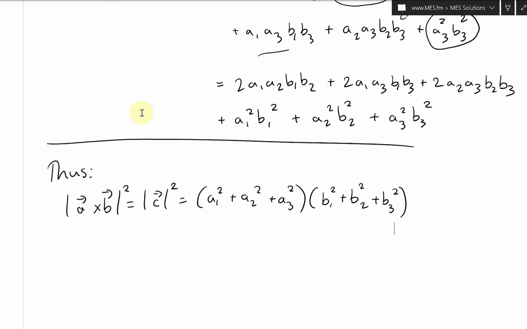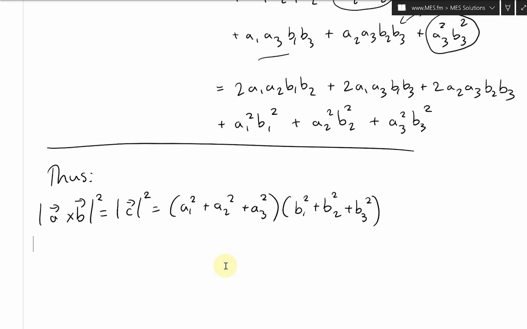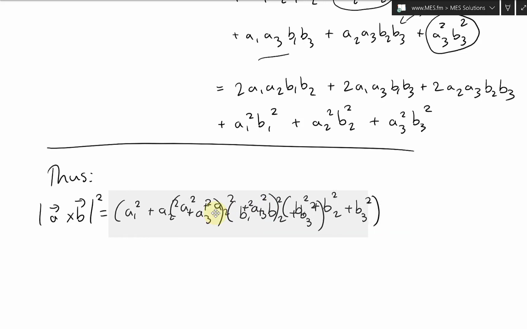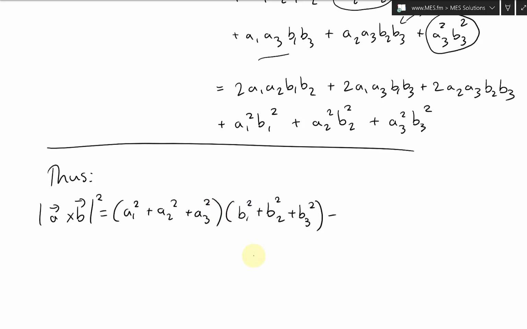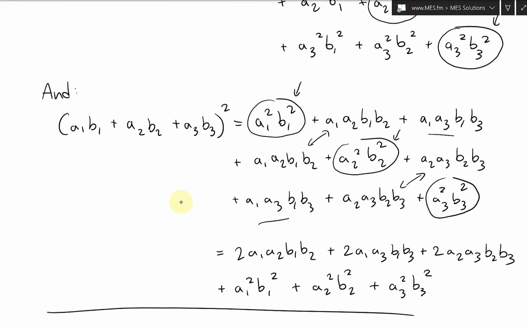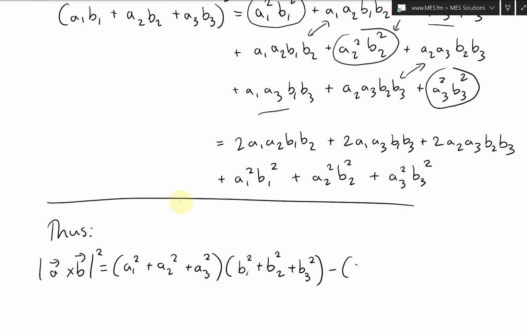So now it's going to be minus, but actually to save some space, I'm going to remove the C squared, but a good thing we caught that mistake. We had forgotten the square, and then it's going to be minus, and then this part right here, all squared. Let's get rid of this thingy. Minus A1 B1 plus A2 B2 plus A3 B3 squared.